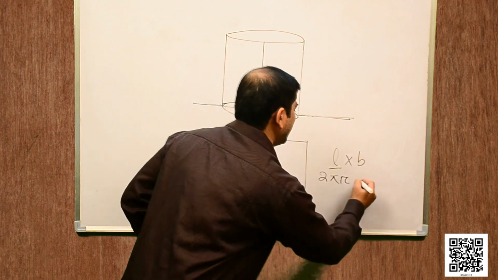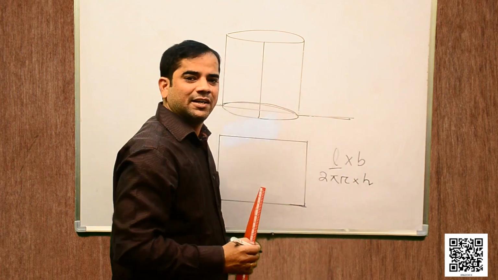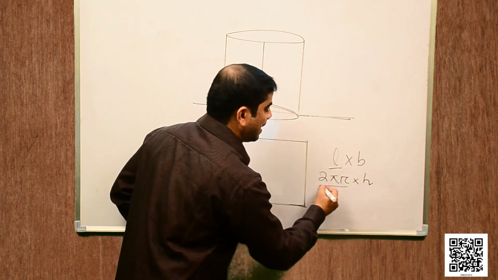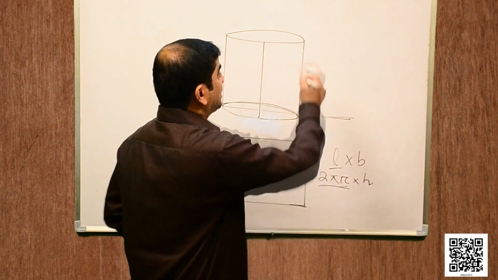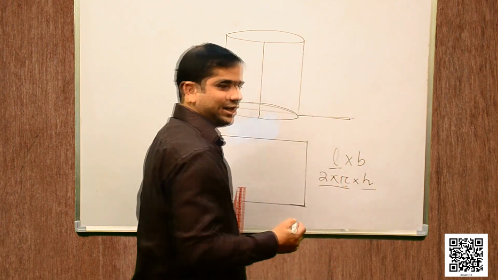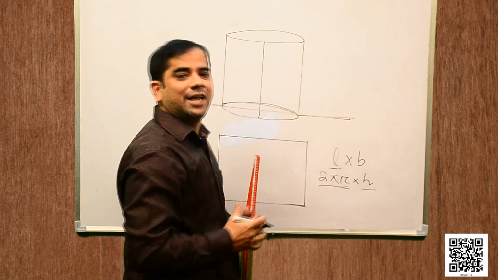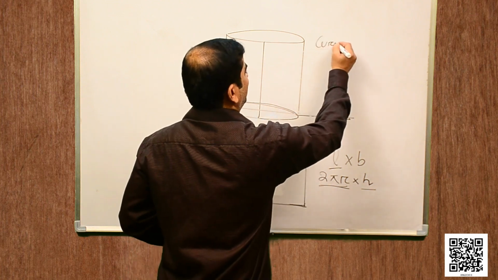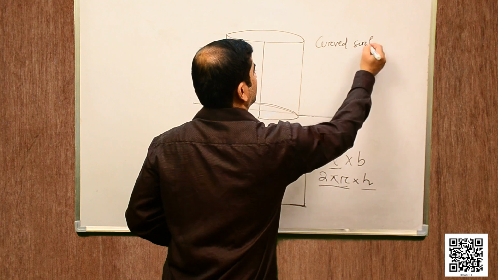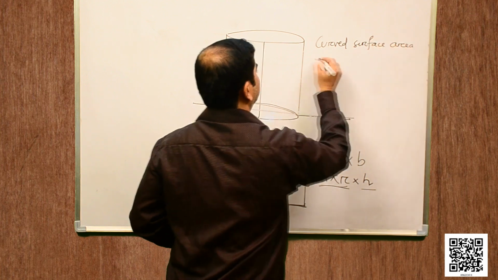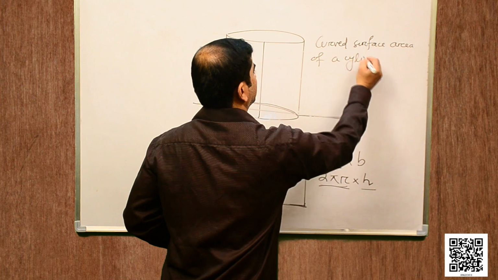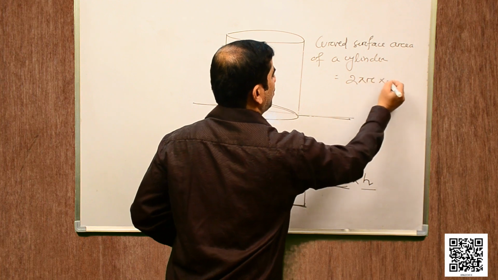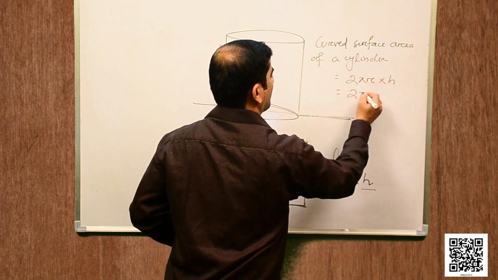And the breadth is the height of the cylinder. So the circumference of the base, 2 pi r, is multiplied with the height of the cylinder, denoted by h, to give us the curved surface area. So curved surface area of a cylinder is equal to 2 pi r into h, or we can write 2 pi r h.